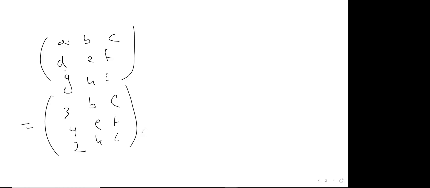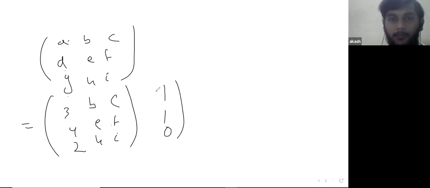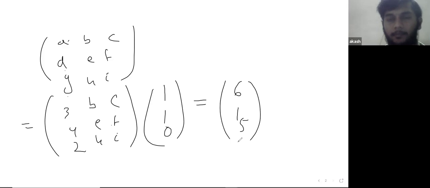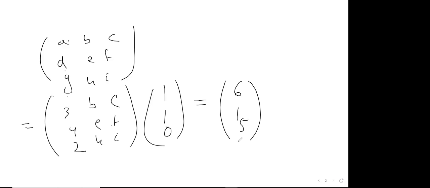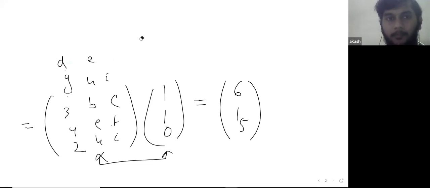Yes. Now we know that this matrix will use the second point. The second point was 1, 1, 0. And this was transformed into 6, 1, 5. Right? Yes. Now again multiply these two matrices. Tell me the answer. The first and second matrix, multiply those.